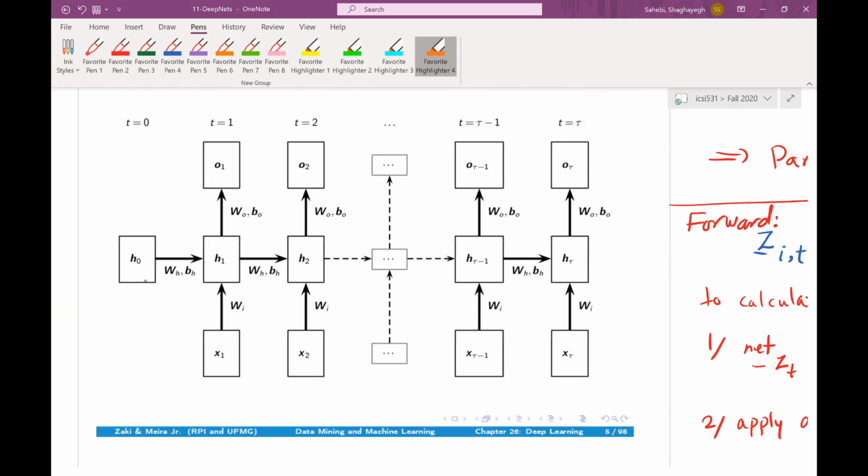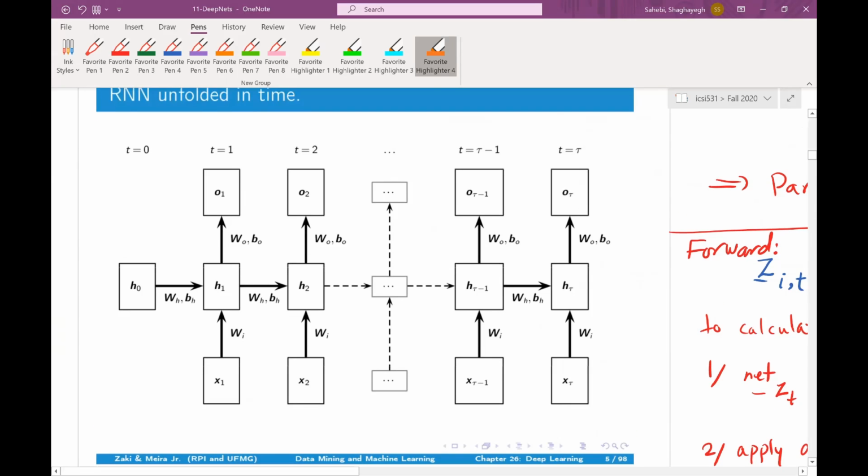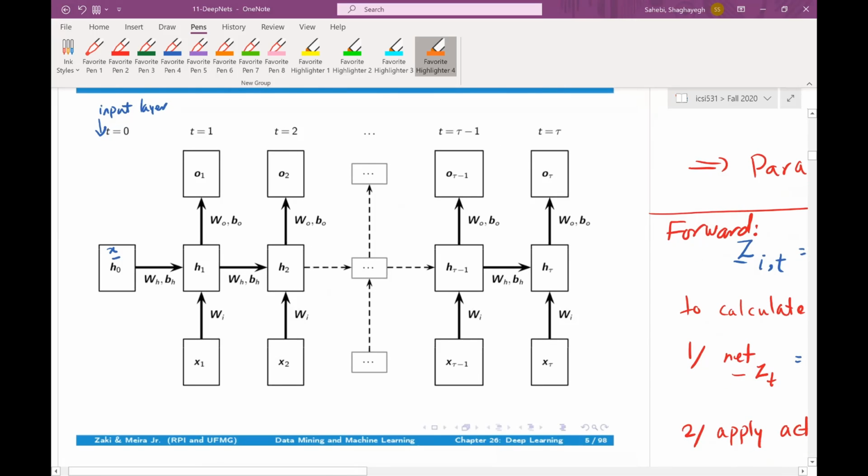So we have this input layer here. H_0 is basically the same as our x. And then we have hidden layer H_1, which is basically similar to Z_1 here.